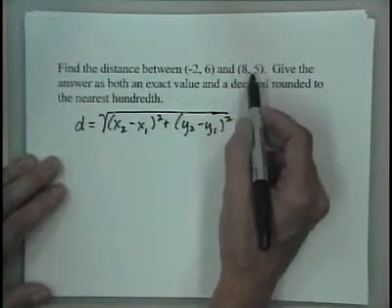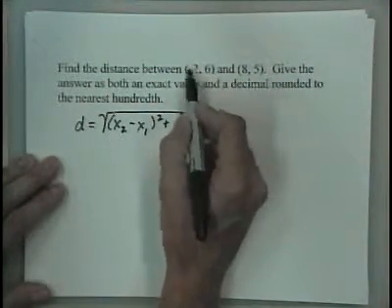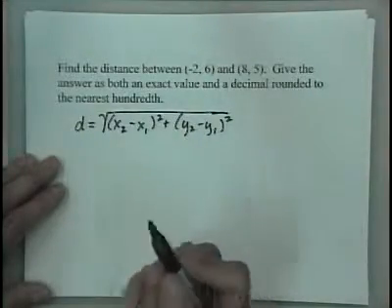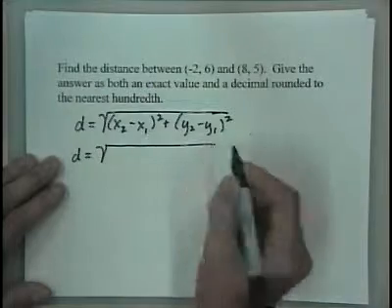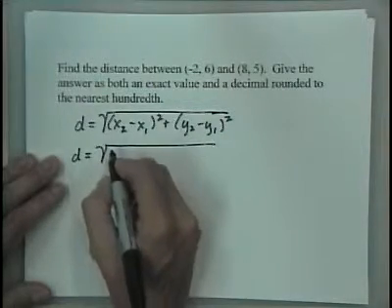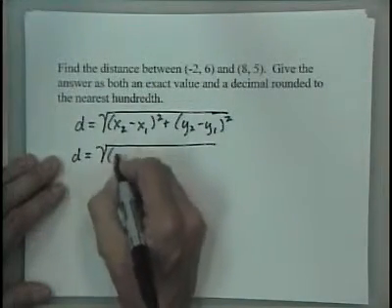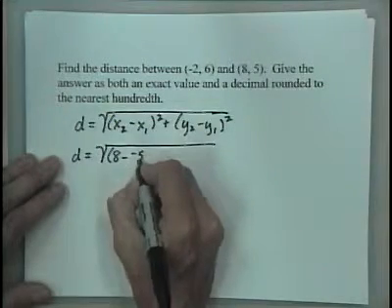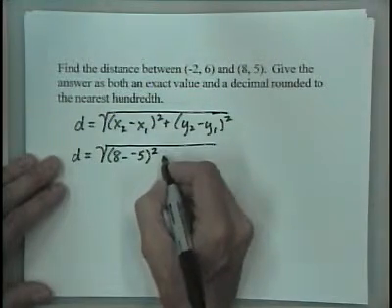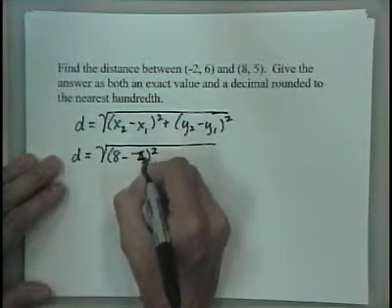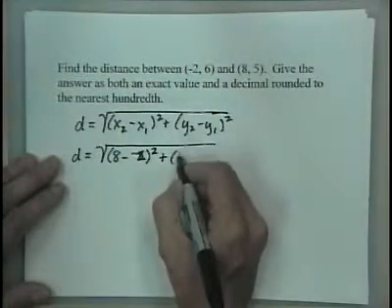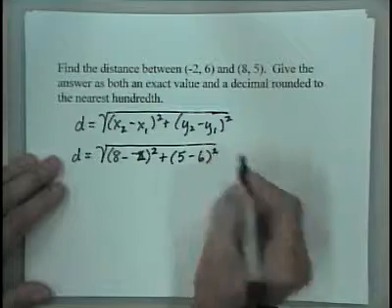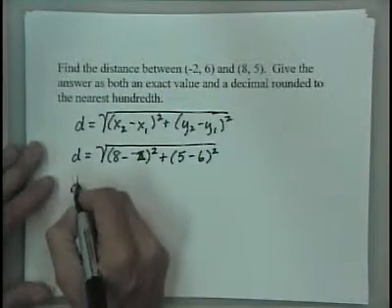I'm going to choose (8, 5) to be x2, y2, and (-2, 6) to be x1, y1. And so I'll find d equals the square root of (8 minus -2) squared, plus (5 minus 6) squared.